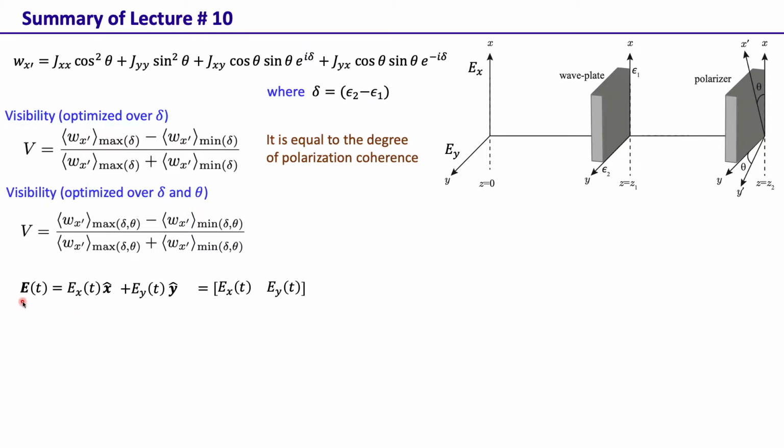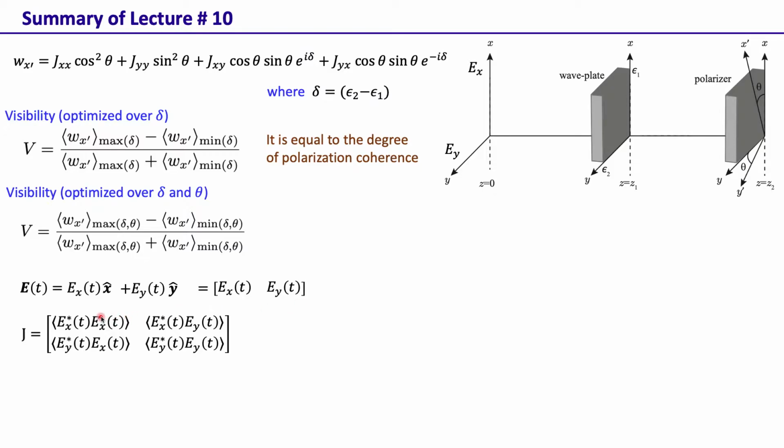When this is a completely coherent electric field, then this is the perfect representation, just the vector. But when this is not a perfectly coherent field, then this kind of representation is just symbolic. And the main thing that one has to look at is the correlation function.